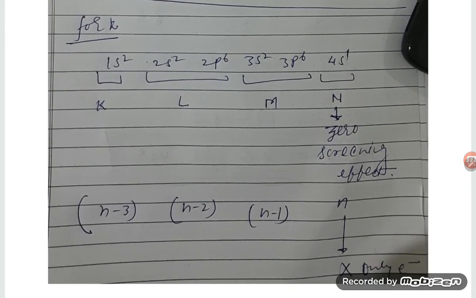So here they have again calculated for potassium, student: 1s2, 2s2, 2p6, 3s2, 3p6, 4s1. Okay, so this is the n orbit, n minus 1, this will be n minus 2, and this will be n minus 3. So what they are saying is, for the last electron we are going to calculate, sigma, the screening constant, is 0.